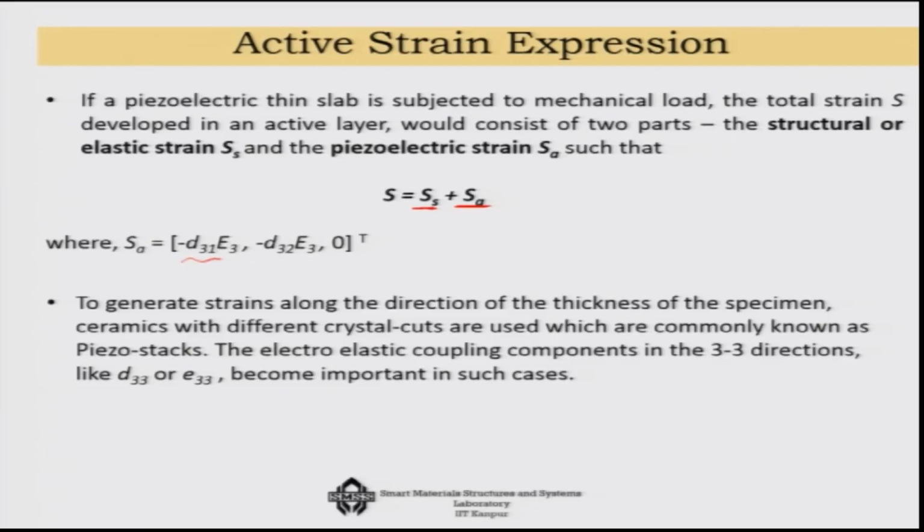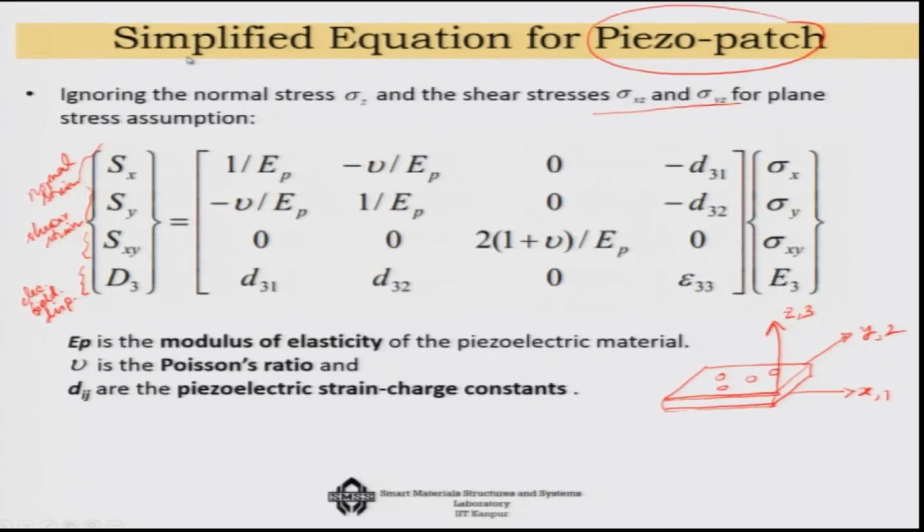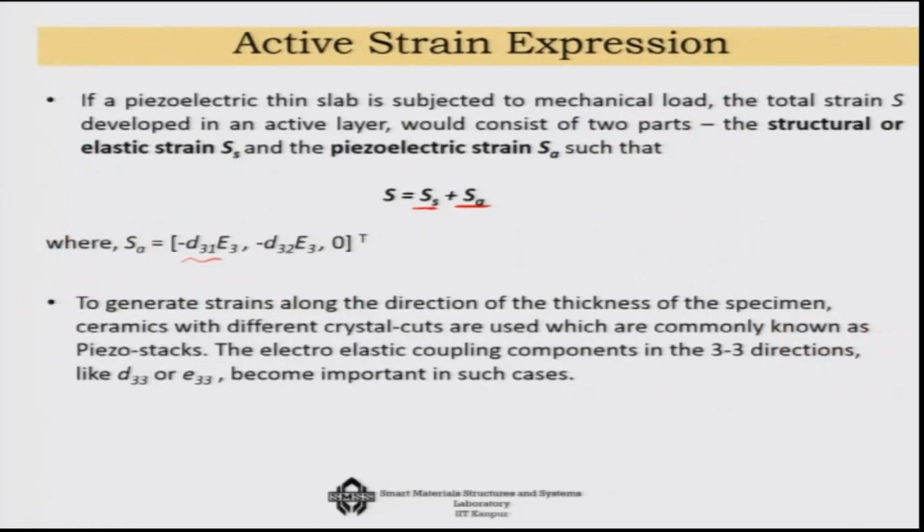Looking at the last equation, in the case of Sx the active strain is minus D31 E3, in the case of Sy it is minus D32 E3, and for Sxy there is no active strain. So there is no active strain in the shear direction. This is the total strain that comes into the system.